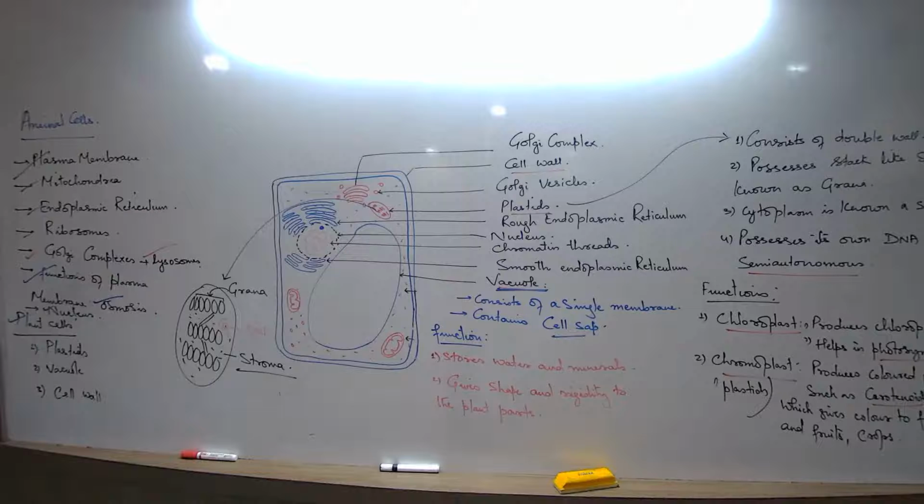The cells which do not have membrane bound organelles are called prokaryotic. Prokaryotic ये हमने फर्स्ट एक तो लेक्चर्स में सीखा था.